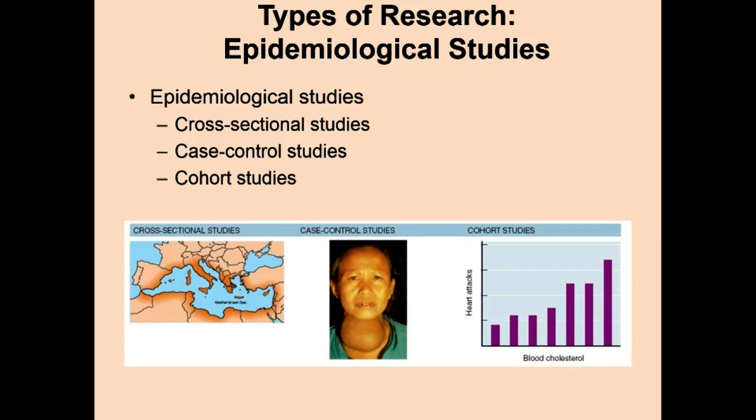So many people in the Mediterranean regions drink more wine and eat more fat from olive oils, and yet have a lower incidence of heart disease when compared to other groups. Here you can say that increased intake of olive oil was seen to decrease the incidence of heart disease.